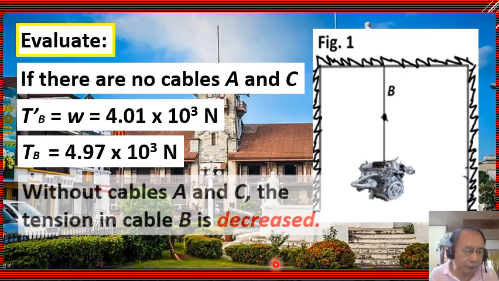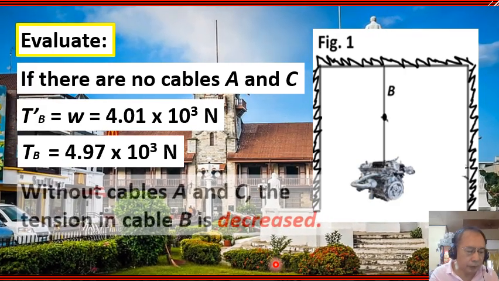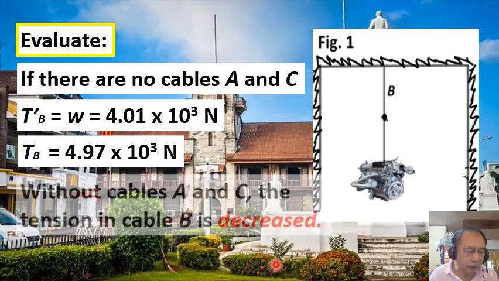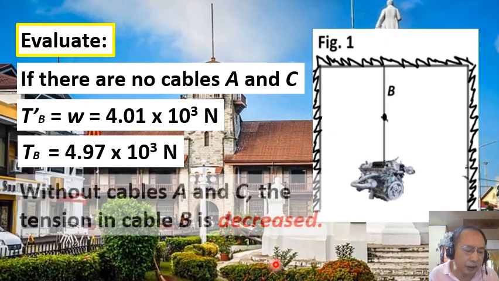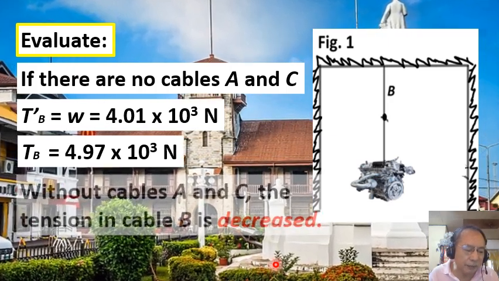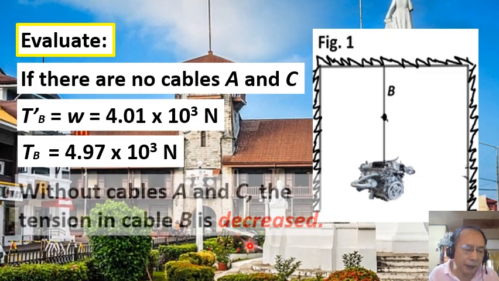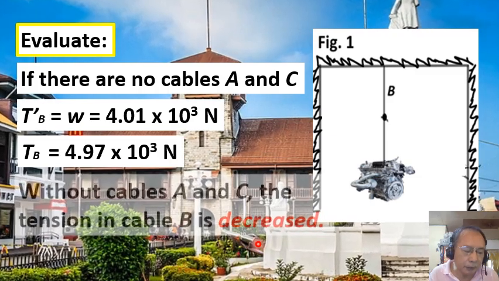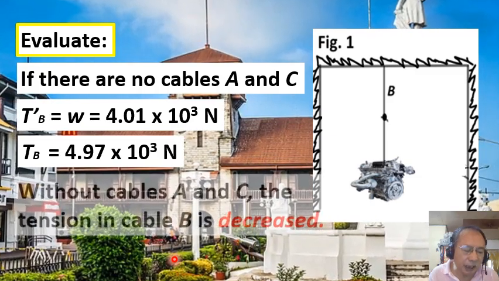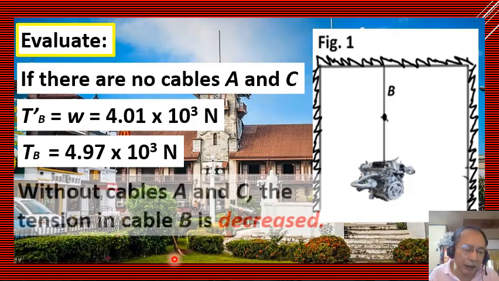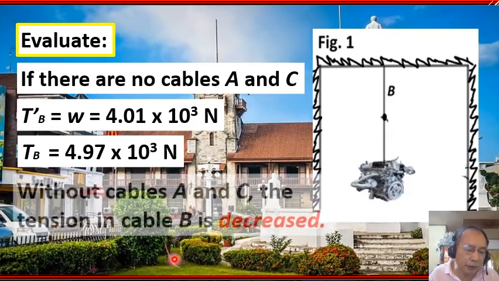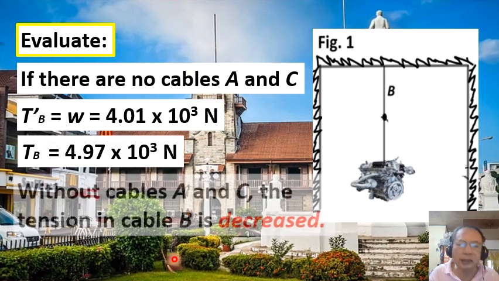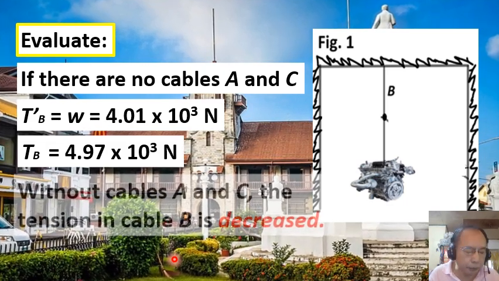What does that mean? The additional cables A and C are just, in a way, useless. In fact, cable C just adds more strain to cable B as far as keeping the engine suspended or in a state of static equilibrium.